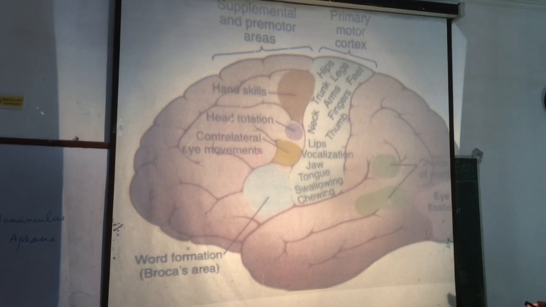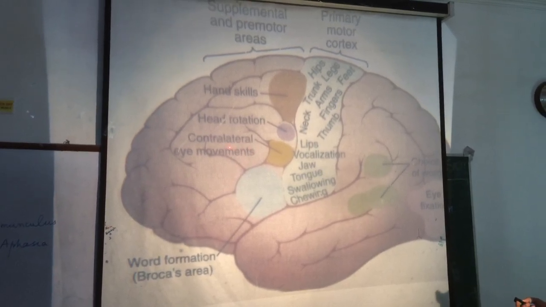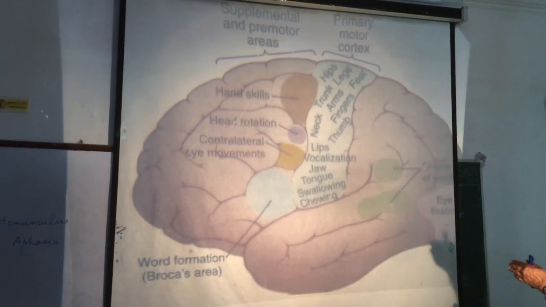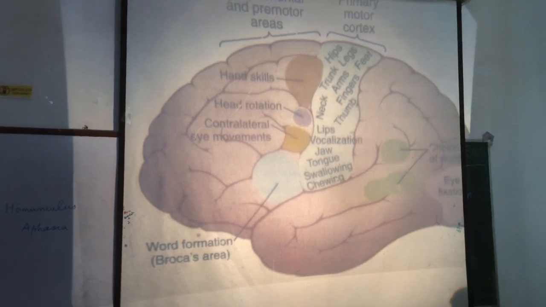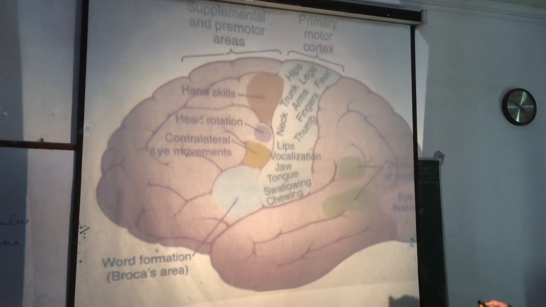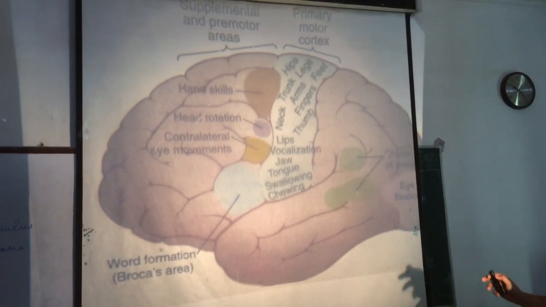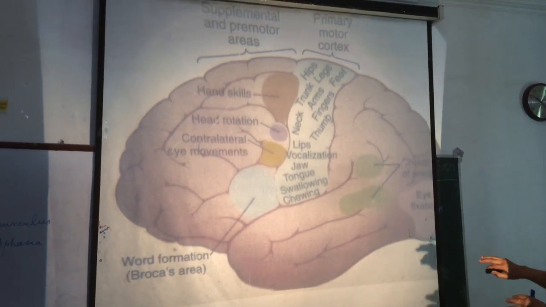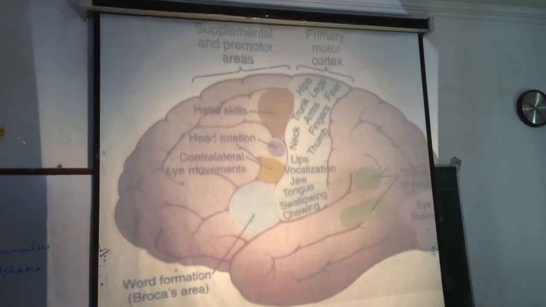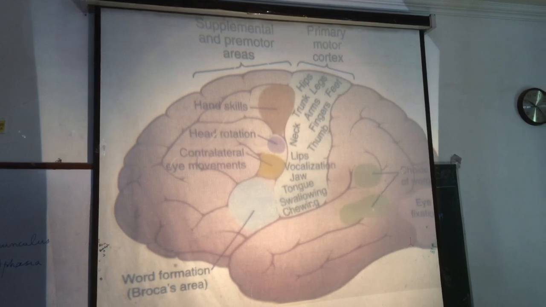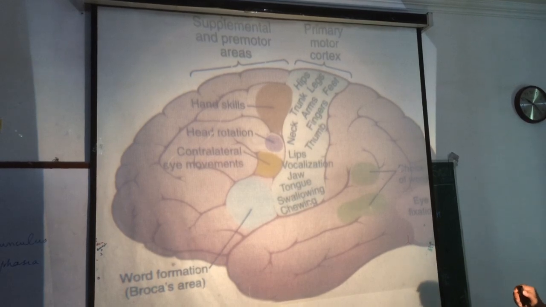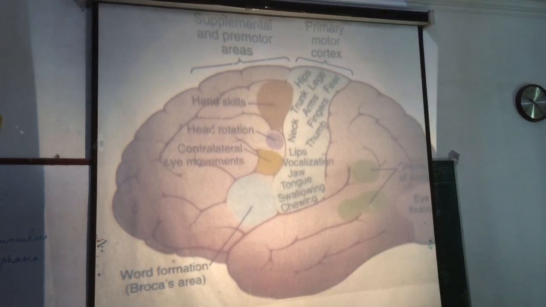Electrical stimulation of this area results in conjugate deviation, or movements of the eyes towards the opposite side.